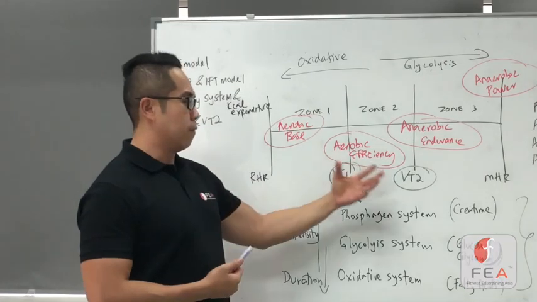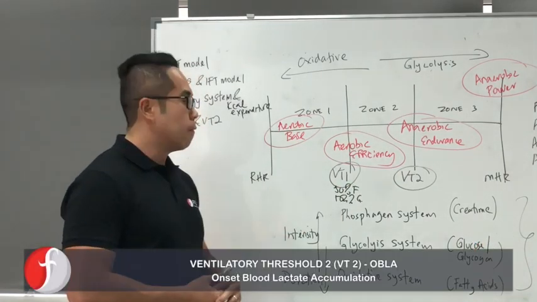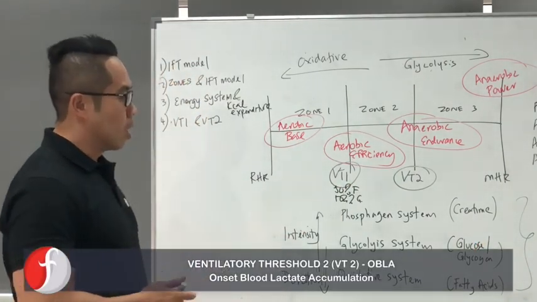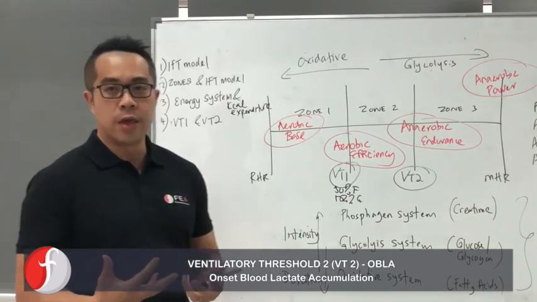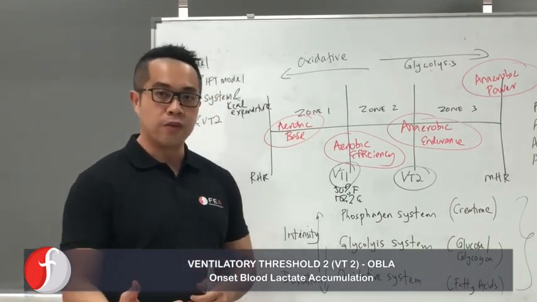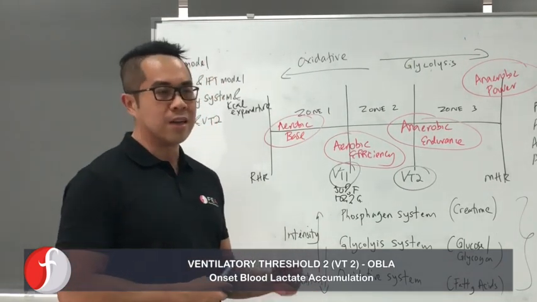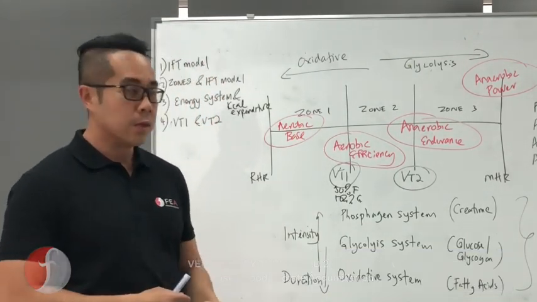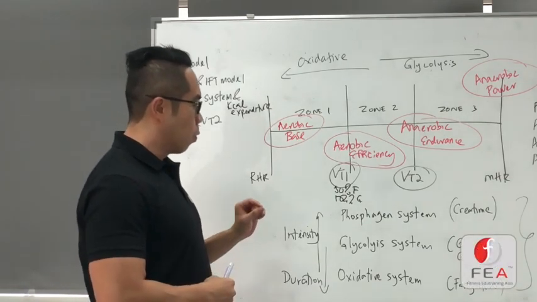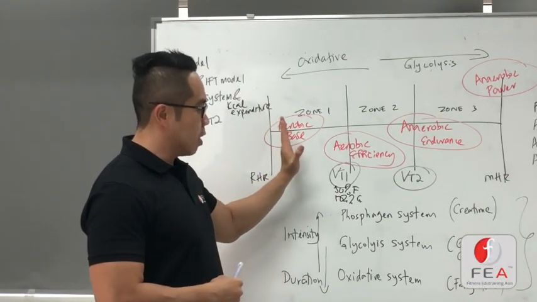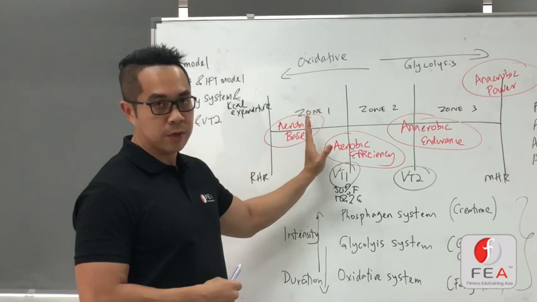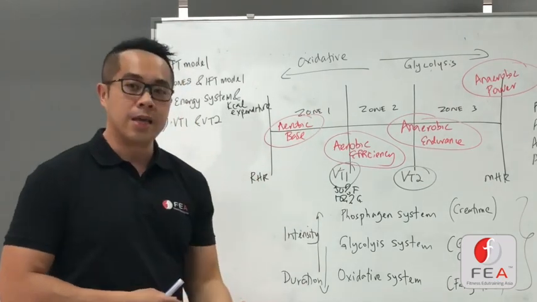Let's look at what VT2 means. We call it OBLA, onset of blood lactate accumulation. Before we look deeper into VT2, let's understand when lactate rises. When exercise intensity gradually increases, we make more ATP.